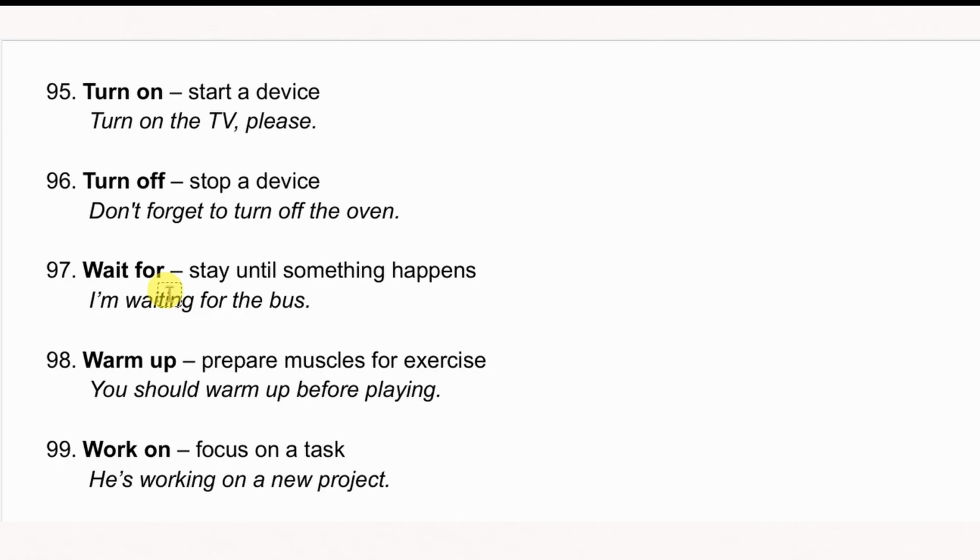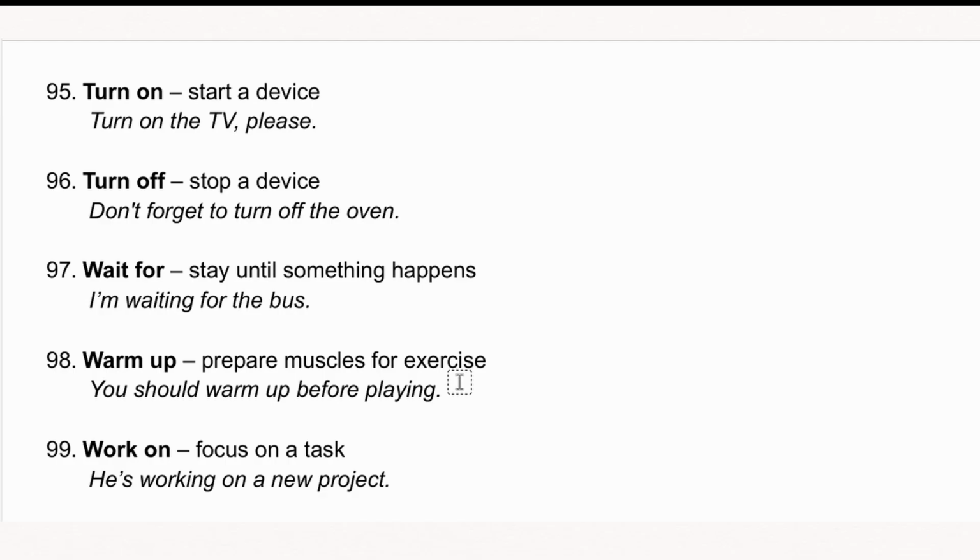Wait for. This is to stay until something happens. I'm waiting for the bus. It means I will not leave until the bus arrives. To warm up, prepare muscles for exercise. Maybe when you're going to the gym, what you do, you first warm up.